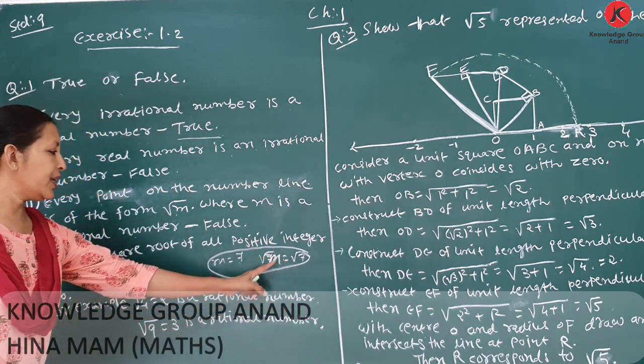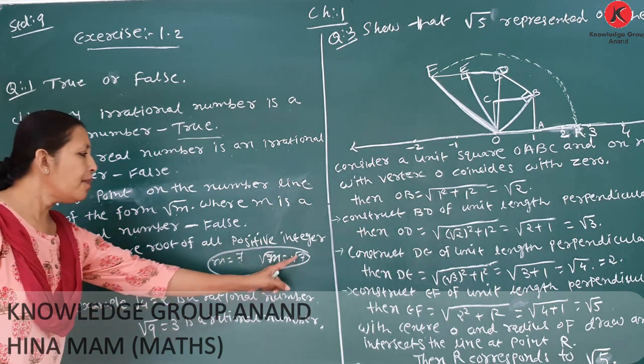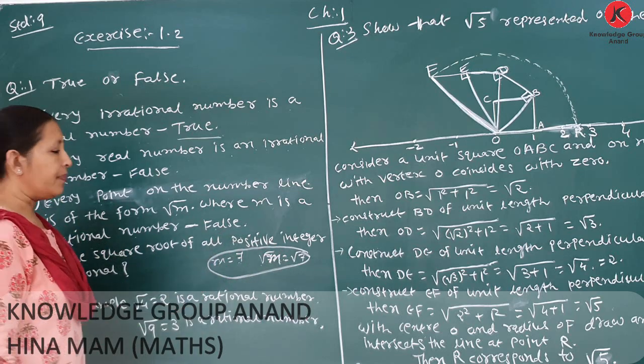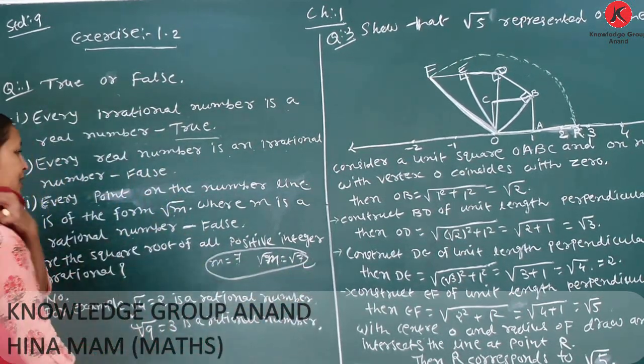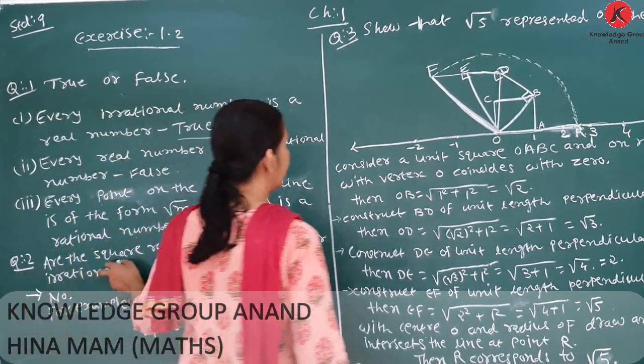The square root of every positive integer is not irrational. Therefore, this statement is wrong.